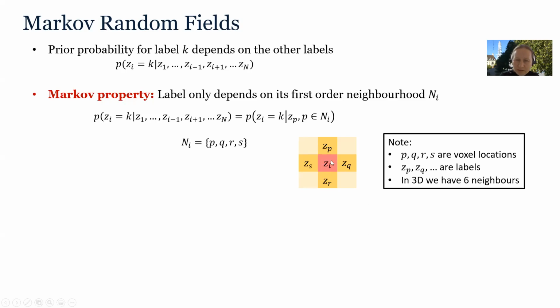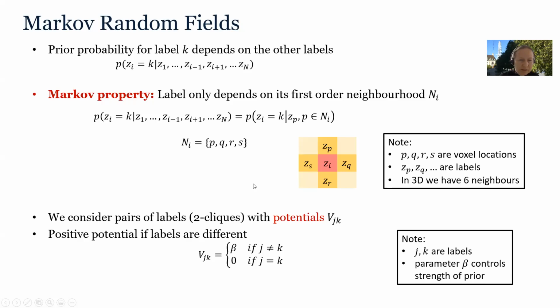Let's look at the example in 2D. This is our chosen pixel that we're looking at, and we want to find what label it should have. To do that, we will look at the labels of its 4 closest neighbors. Then the prior probability for this label will only depend on the labels of the neighbors and not the rest of the labels.